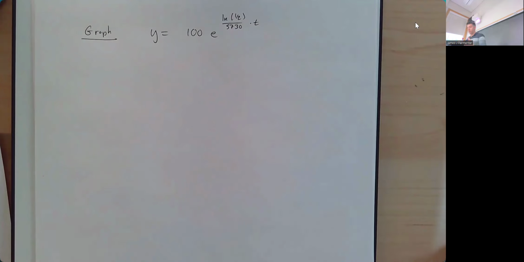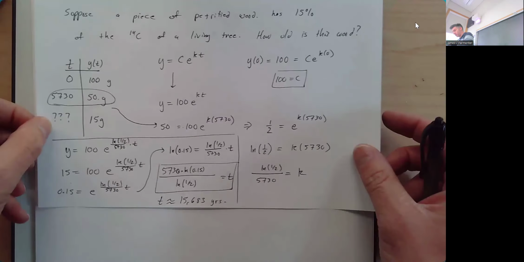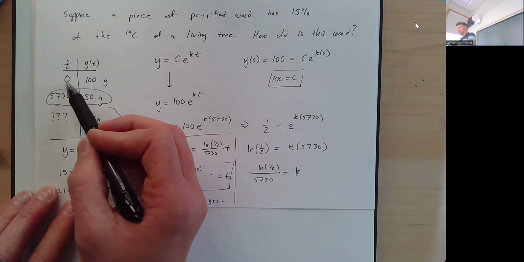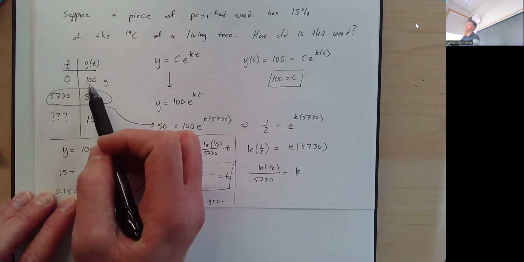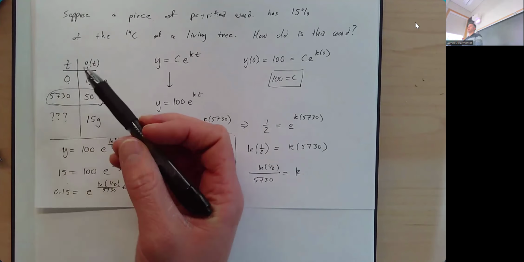If I'm going to graph this, there's a couple things I'm going to focus in on. One thing is the y-intercept, which I already know. If I look back at my table, when time is 0, the y value is going to be 100. That's kind of not true here because I made up the number 100.